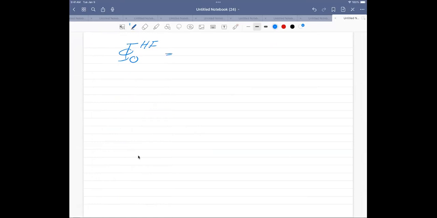That in first quantization is going to be given by 1 over n factorial, and then I'm going to have a new state, which I label with an A1, then an A2, all the way up to an AN, and then X1 all the way down to XN.